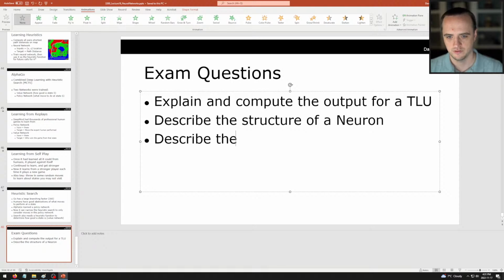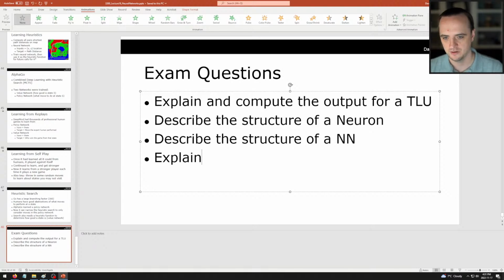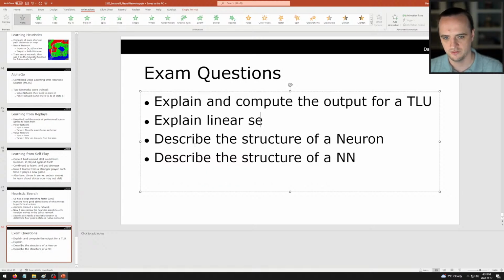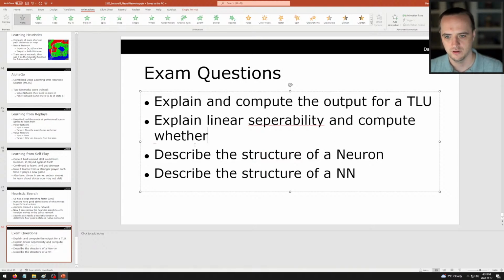Describe the structure of a neural net. Explain linear separability and compute whether a simple function is linearly separable.